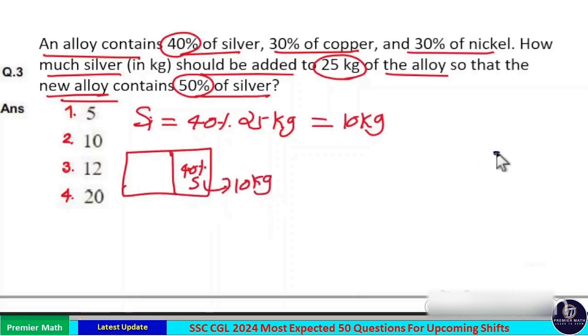Now this 25 kg alloy contains 10 kg silver. So when I add S kg silver to it, it should become 50% of the new alloy. 50% means half of it, that is 1 by 2.